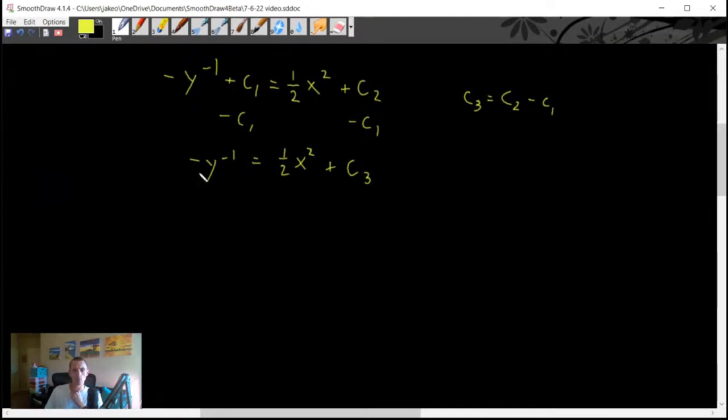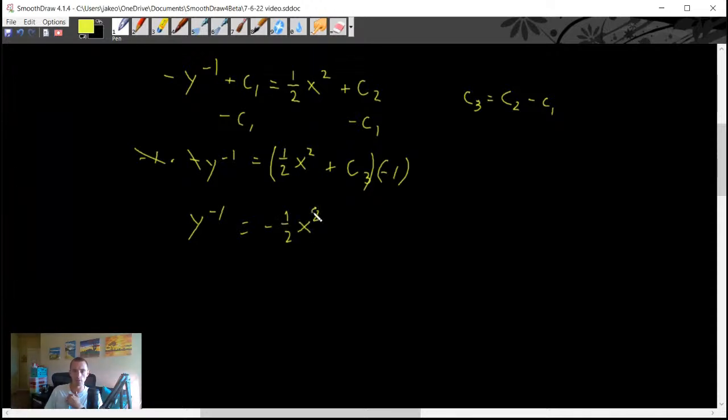Okay. So then what we can do is multiply both sides by -1 in order to cancel out this negative here. So we get y to the -1 equals -1/2 x squared.